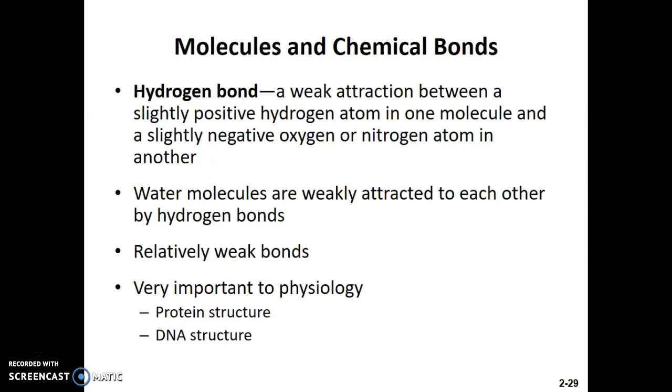DNA structure is held in place, so the two single strands of our DNA are pulled together through hydrogen bonding and then held together. So individually, a hydrogen bond is a very weak bond, but collectively, when you have hundreds of hydrogen bonds in one molecule or in one compound, then you have a strong connection.